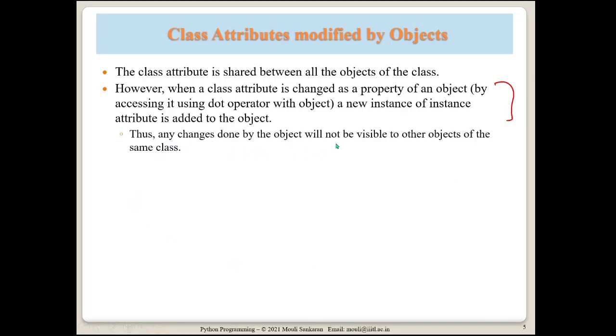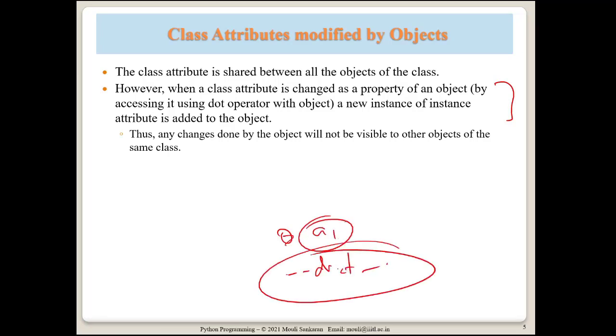Thus any changes done by the object will not be visible to other objects of the same class. Anything that is done within the object A1 is visible only to that object because it is maintained in its own dictionary, and A2 may have its own copy of that variable, even if it is a class variable, if it has modified it.